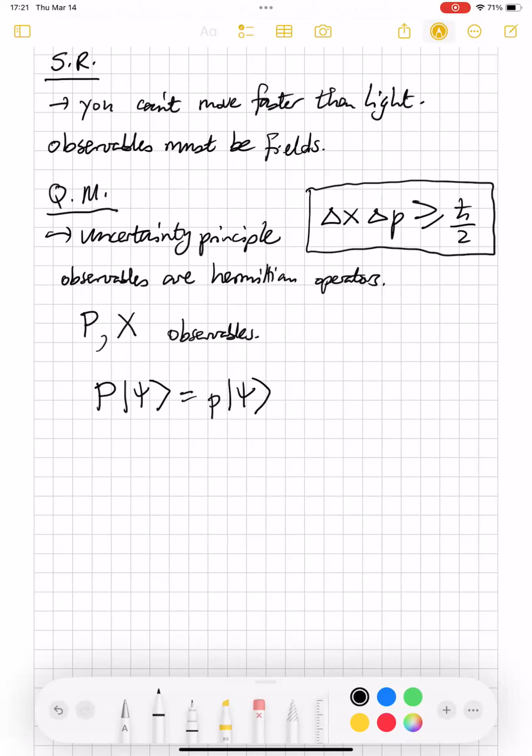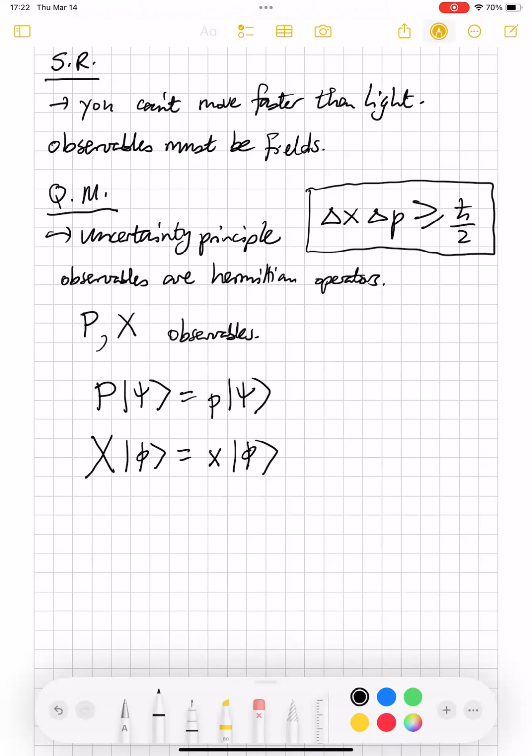In this case, I would say my system has momentum P. Equivalently, if I have some state of my system, let's call this phi, and I measure the position and find it has some definite value, that's equivalent to saying, if I take the position operator and act on the state of my system, phi, I will get x, the position of my particle, times the state of my system, phi.